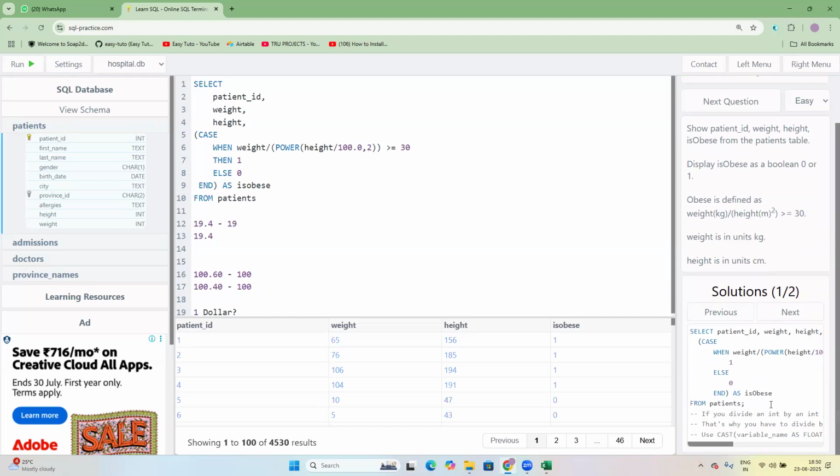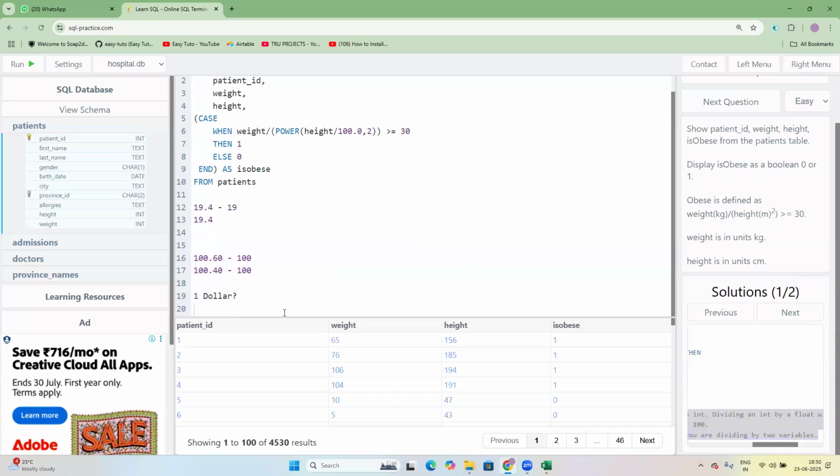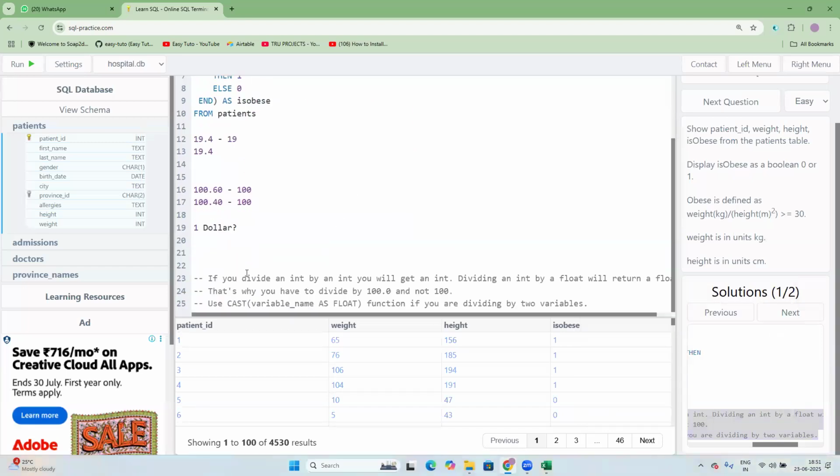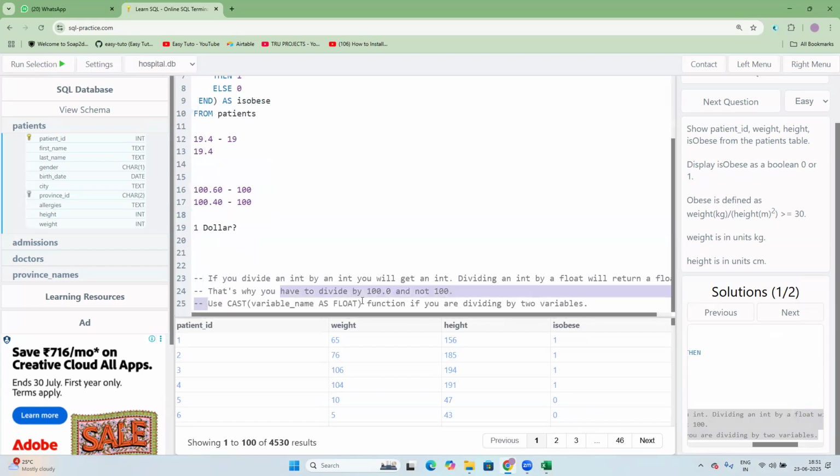If I just quickly go to the solution also, look here, they have written in the comments. If you divide an int by an int, you will get an integer. Dividing an int by a float will return a float. That's why you have to divide by 100.0 and not 100. I can use the cast function, like if I'm dividing two variables, because I don't know what the numbers can be.